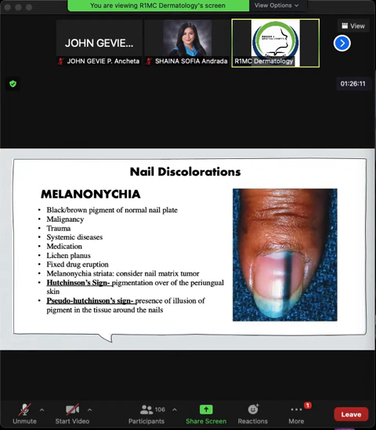Another type of nail discoloration is your melanonychia, which is black or brown pigmentation of the normal nail plate.